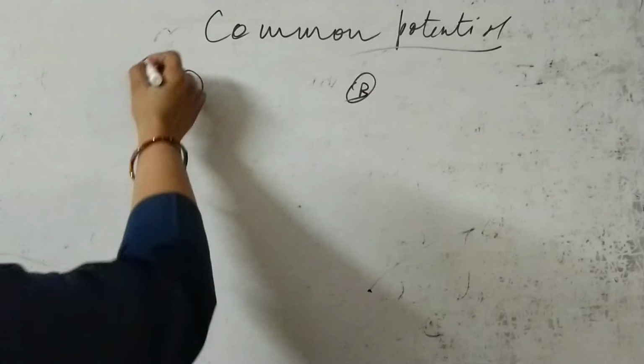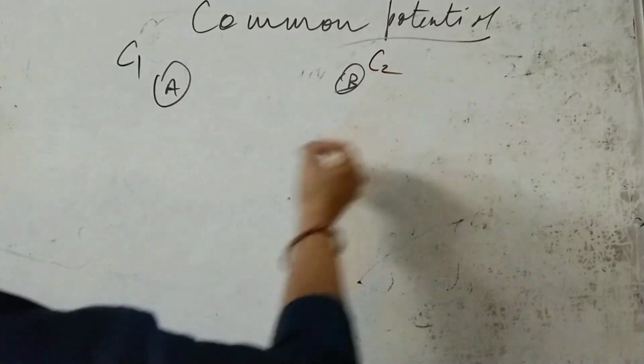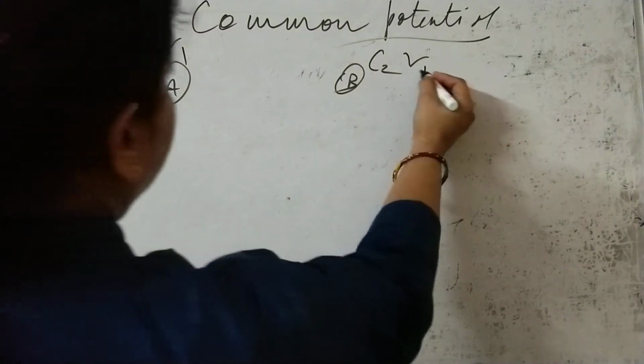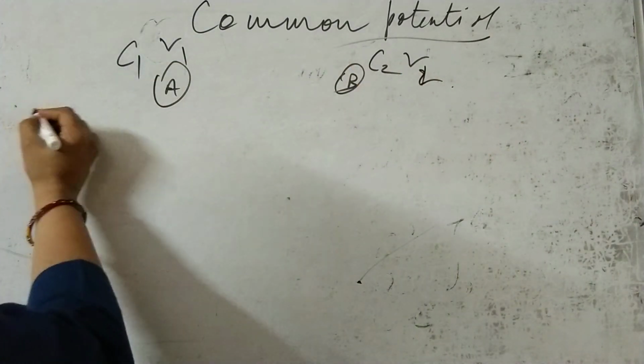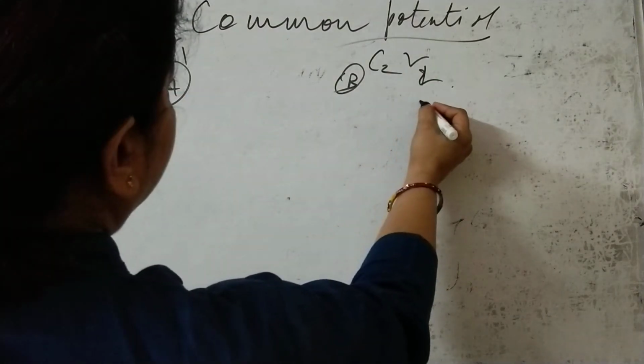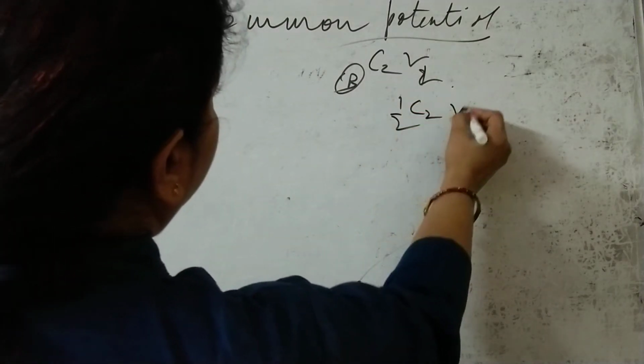Its initial capacitances are C1 and C2, and potentials are V1 and V2. So let us suppose the initial energy of the first is half C1 V1 square, and the initial energy of the second is half C2 V2 square.